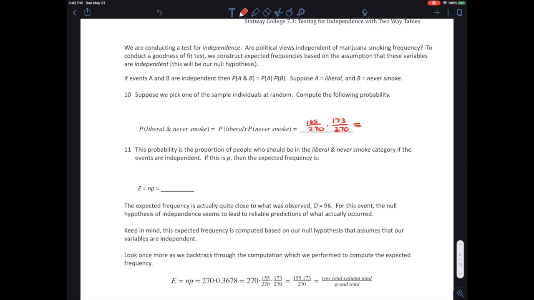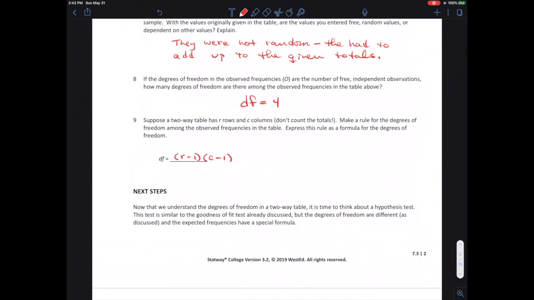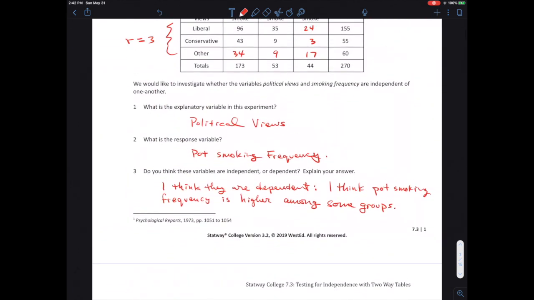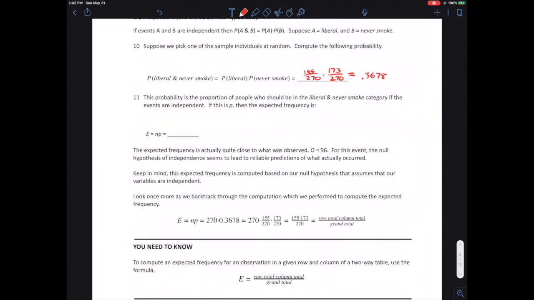Okay, so I'm assuming you've done this, and the computation comes out to be 0.3678 if you keep 4 places after the decimal. Okay, about 36.78%. Okay, next we want to do the expected frequency. Now, just as a reminder, every chi-square test has a test statistic that looks like what?